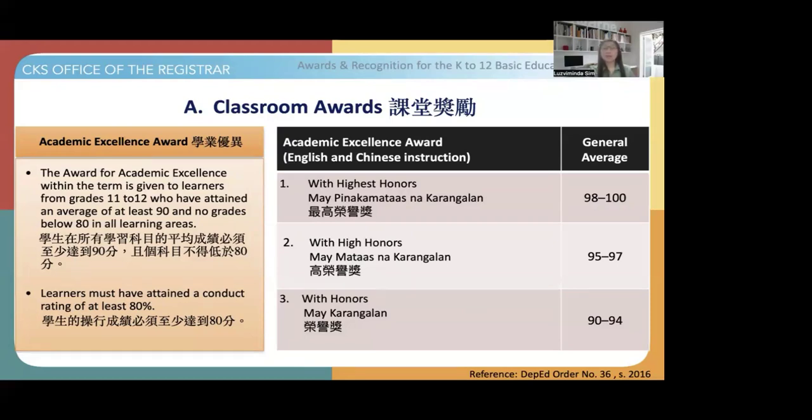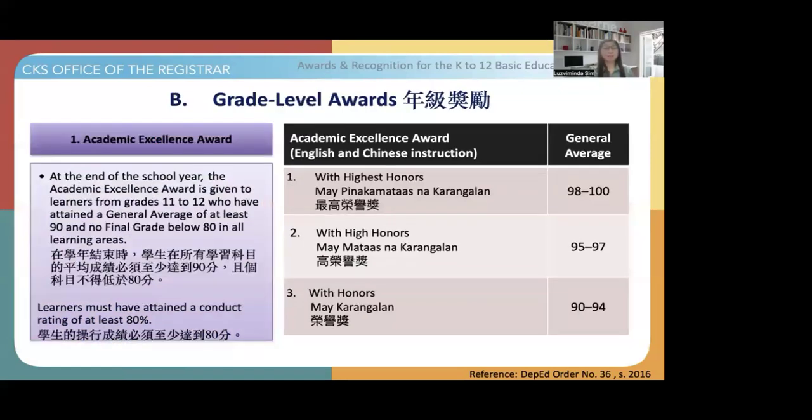Here are the range and general average for the Academic Excellence Award. With high honors, may pinakamataas na karangalan, that's 98 to 100. With high honors, may mataas na karangalan, 95 to 97. With honors, may karangalan, 90 to 94.